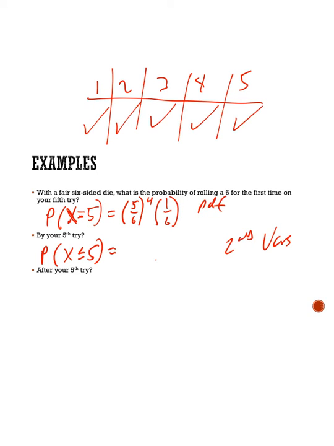So this would be geometric CDF 1/6, 5. This up here, sorry, I'm going backward, would have been geometric PDF 1/6, 5.